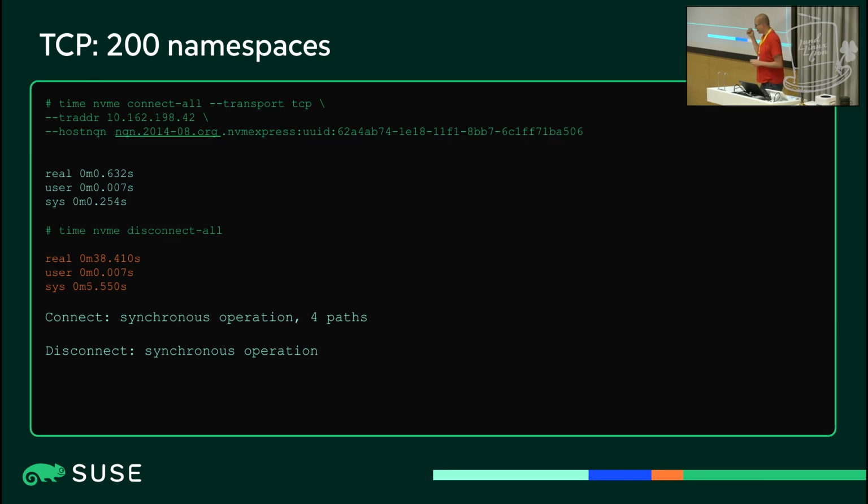In this particular case, we have a multipath setup, which means we have 4 TCP connections, and we go through every connection to the other side and connect to the other endpoint. For 200 namespaces, this command took roughly half a second to connect.